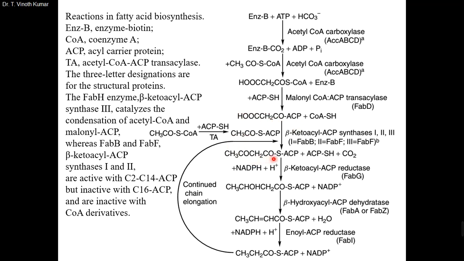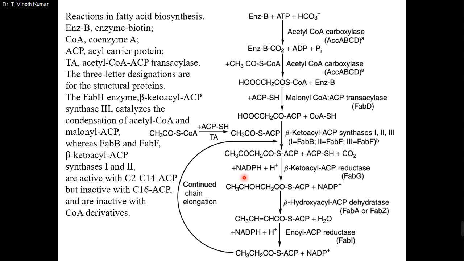So now another reaction, the beta ketoacyl ACP reductase enzyme reduction. This reduction is by the cofactor or coenzyme NADPH. This NADPH is a very, very important one, and this is produced by the HMP shunt pathway only. There are 2 significant properties of the HMP shunt pathway. One is NADPH production, and the second one is 5-carbon sugar formation, that is pentose.